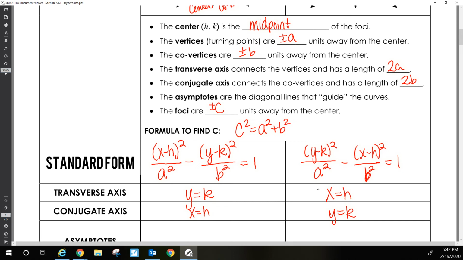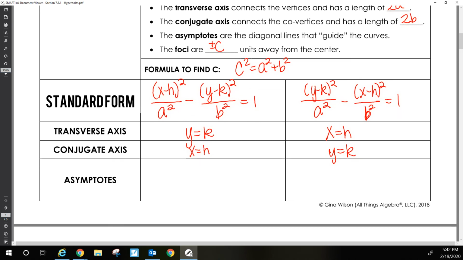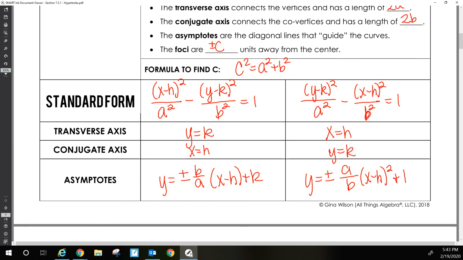And then we can find our asymptotes using these formulas. y equals plus or minus b over a times (x minus h), plus k. This is if it's horizontal. And if we're vertical, it's y equals plus or minus a over b times (x minus h), plus k.